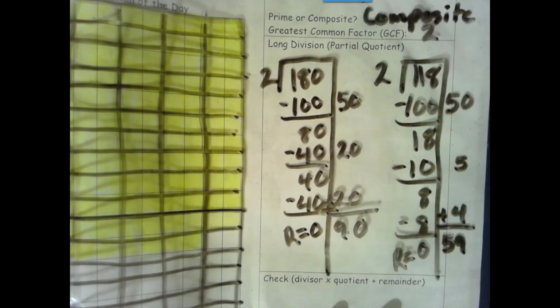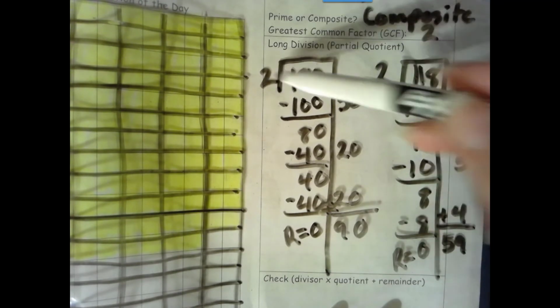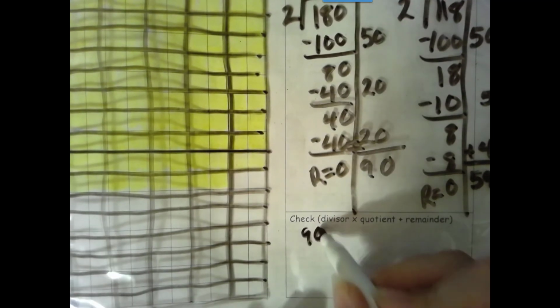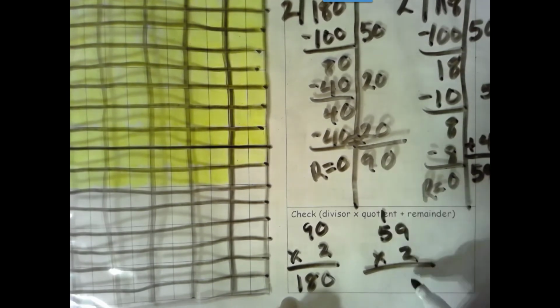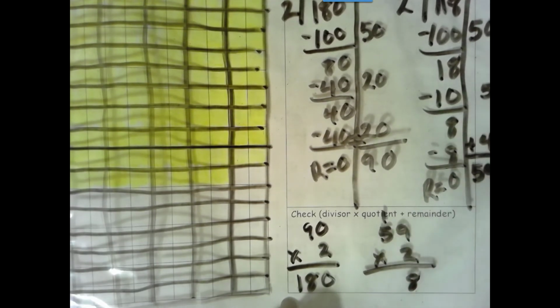Okay, now let's go ahead and check. Divisor times quotient plus remainder. Since our remainder is 0 for both, and the identity property of addition says when you add 0 it stays the same, we don't need to add 0. 2 groups of 0 is 0, 2 groups of 9 tens is 18 tens. 2 groups of 9 is 18, 2 groups of 5 tens is 10 tens, plus 1 more 10 is 11 tens.